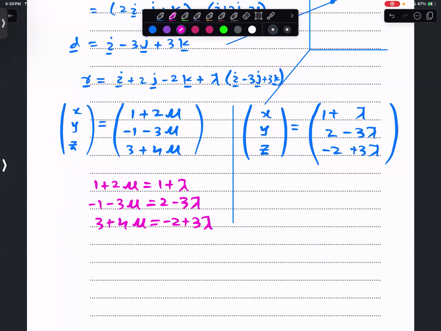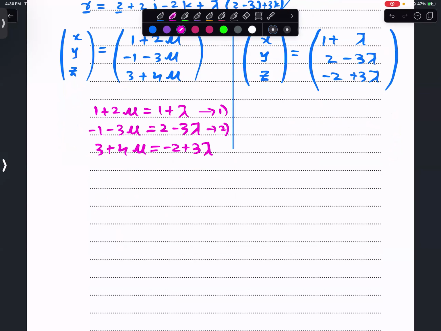Now students, you have three equations for two variables. You can just ignore one equation and solve the other two. So I'm solving the first two equations. From the first equation, you can cancel the 1 on both sides, so lambda is equal to 2 mu.